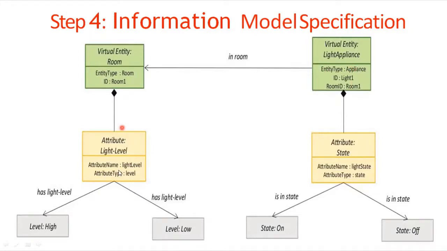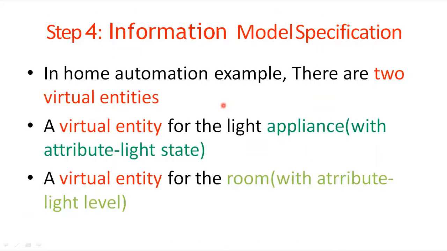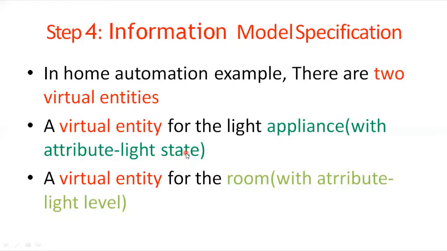That means you will identify the attributes of each entity, as well as their relationships, and that indicates the information model. For the home automation system also you will identify in this way. In this information model, two virtual entities are there: virtual entity light appliances and virtual entity room. This is an information model.